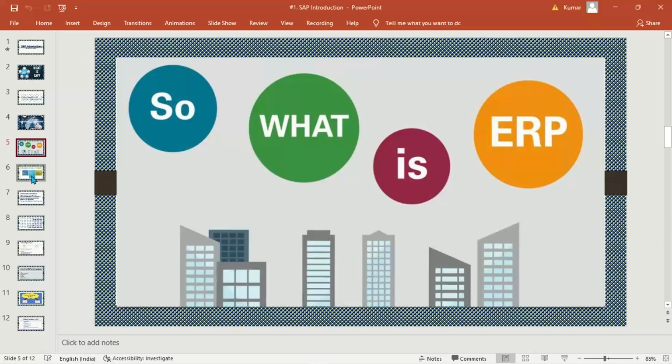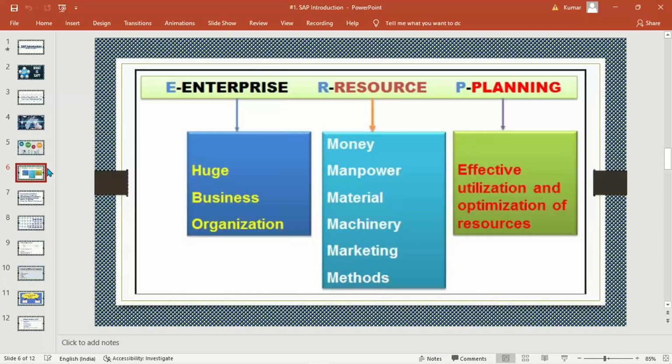Okay, so now guys, the very simple definition or explanation. First of all, we have to break this down: ERP, Enterprise Resource Planning. Enterprise, as already explained by Ahmed, means a business organization, right?